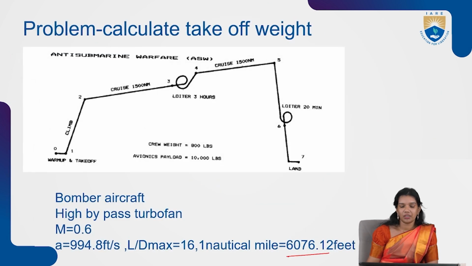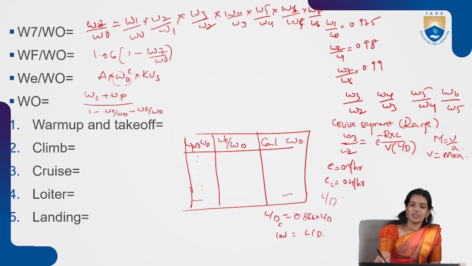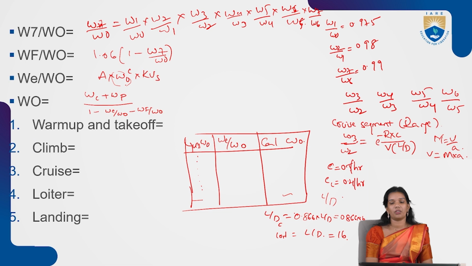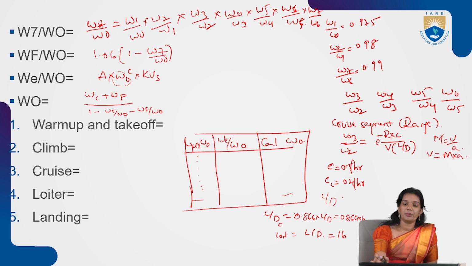L by D max given to us is 16. So it is 0.866 into 16 for cruise, and simply 16 for loiter. Now, according to the range formula, I get W3 by W2 for the cruise segment as a calculated value. So this is also done.